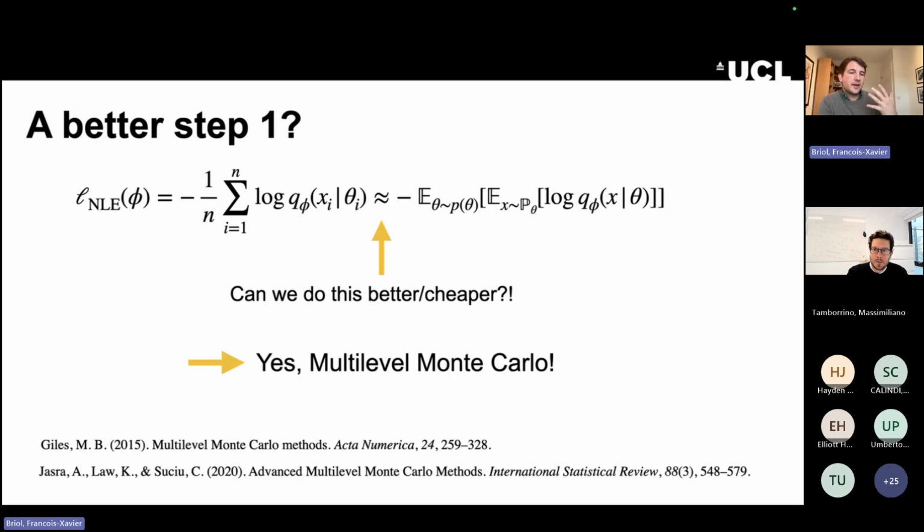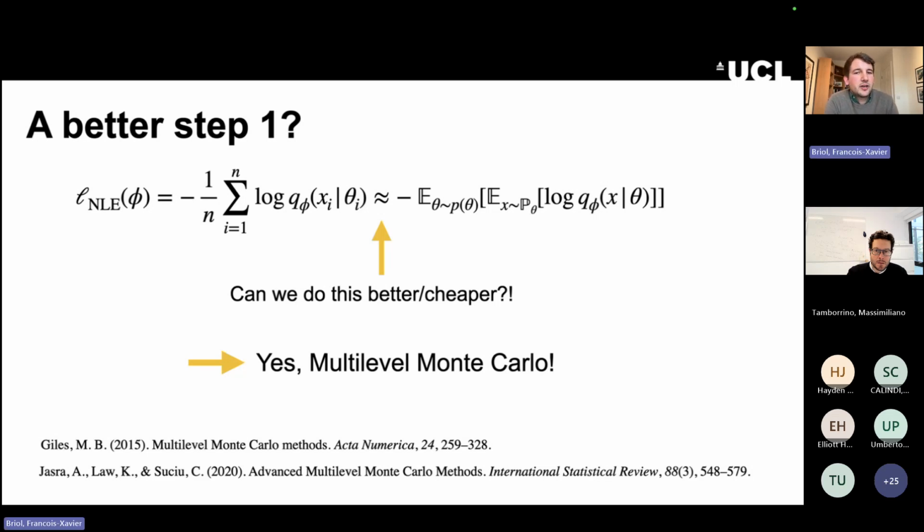So the specific type of method we used is what's called multi-level Monte Carlo. And this is a method that's been used really extensively in applied mathematics and uncertainty quantification, mostly because having different levels of fidelity is very natural when you have to deal with things like PDEs, ODEs, SDEs, where, for example, you could have a discretization level, which leads you to approximate solutions.